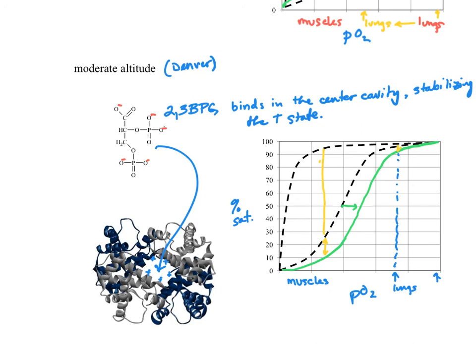So it's not just about altitude, it's a common feature of hemoglobin, and it certainly is a pathophysiology issue as well. Okay, I think that's probably enough to cover altitude, and let's finish that video now.